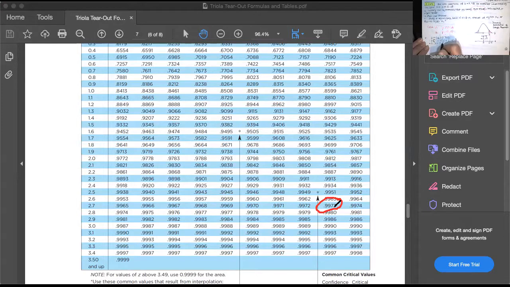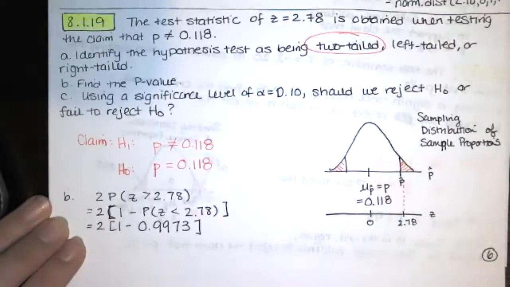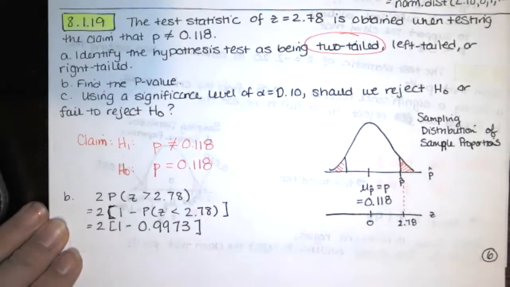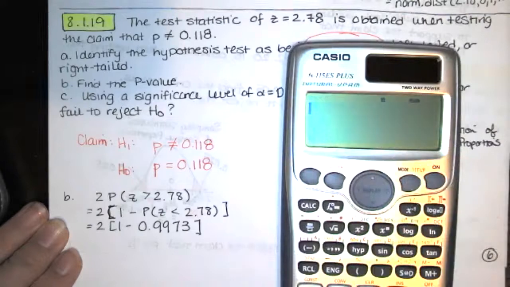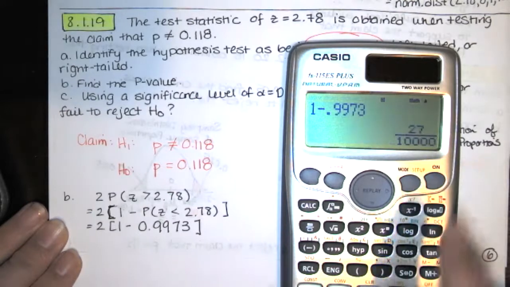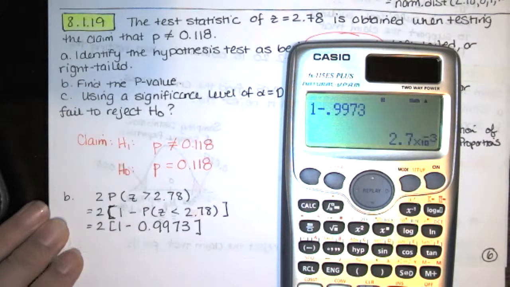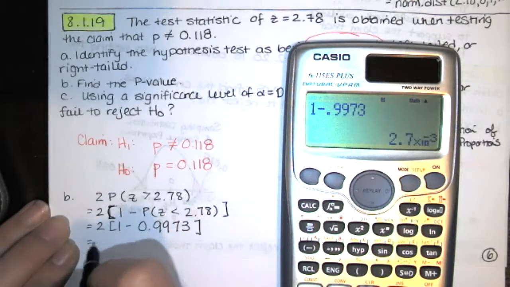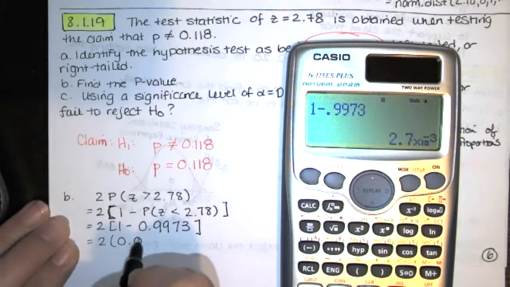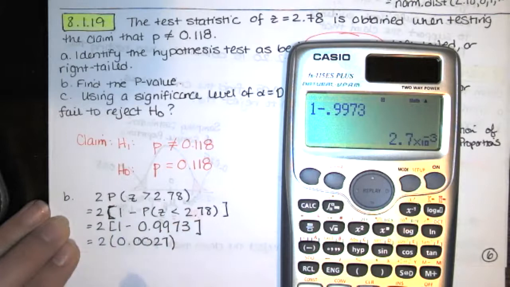So I have 0.9973. And if I subtract that from 1, I get 2.7 times 10 to the negative 3, which is 0.0027.